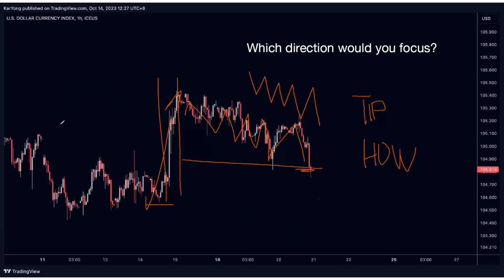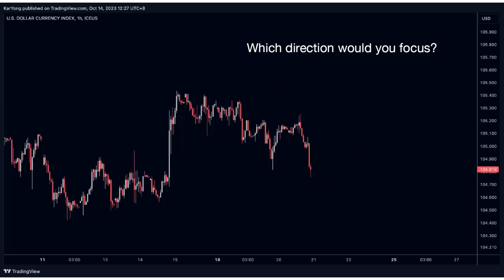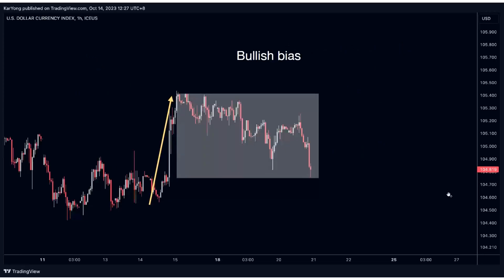So what is this pattern? Impulse correction. What is our directional bias? Very clear, upside. You can follow it. That's the application. Don't overcomplicate stuff. You expect the upside, your directional bias is bullish, and you'll be focusing on buy trades only. That's what we call direction.